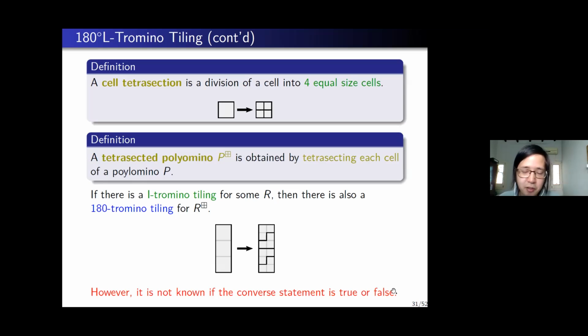This statement is important because it will give an immediate proof of the NP-completeness of the 180 tromino tiling.